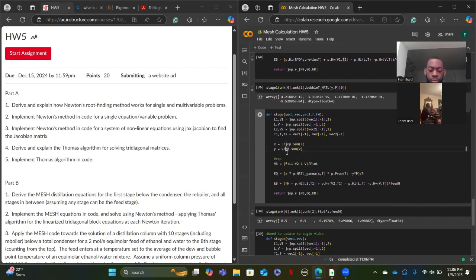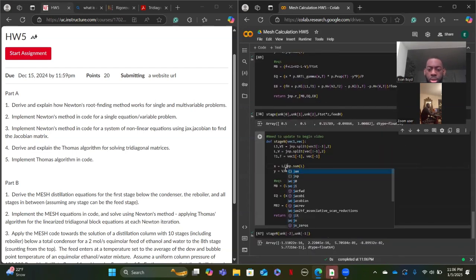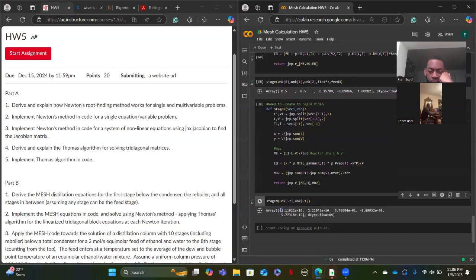The other catch is that my numbers for my liquids were not matching up with my reference, and I realized it's because of the order I have for my material balance. I guess this needs to be vapor, then liquid first.